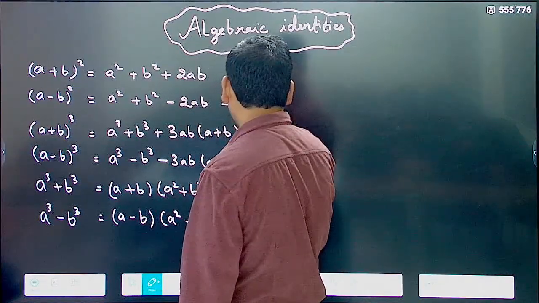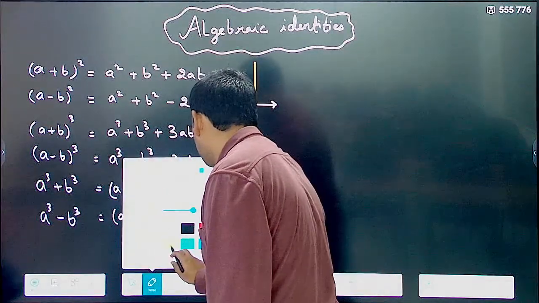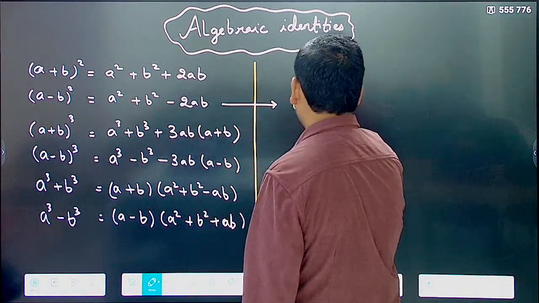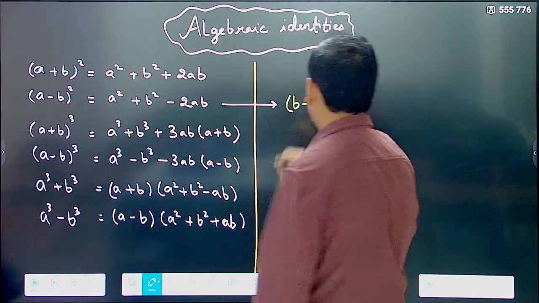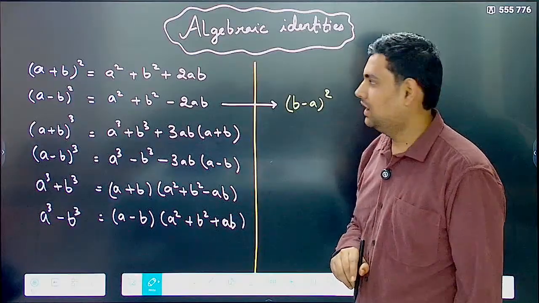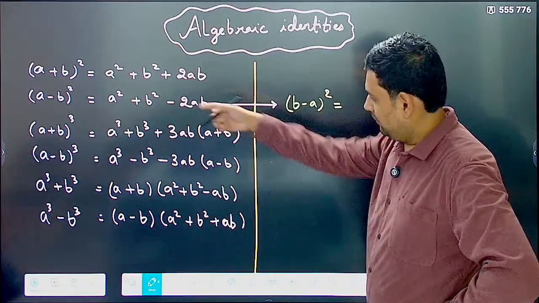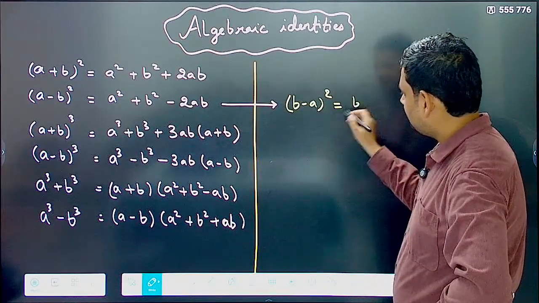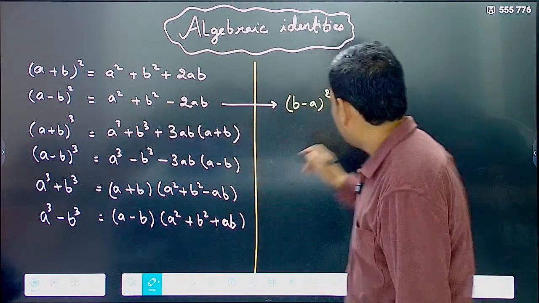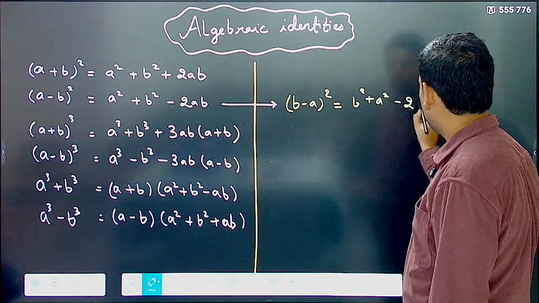Now, can you tell me what is the value of b minus a whole square? What is b minus a whole square? If I start writing, it will be like, now I have just replaced this, so it will be like b square plus a square minus 2ba.